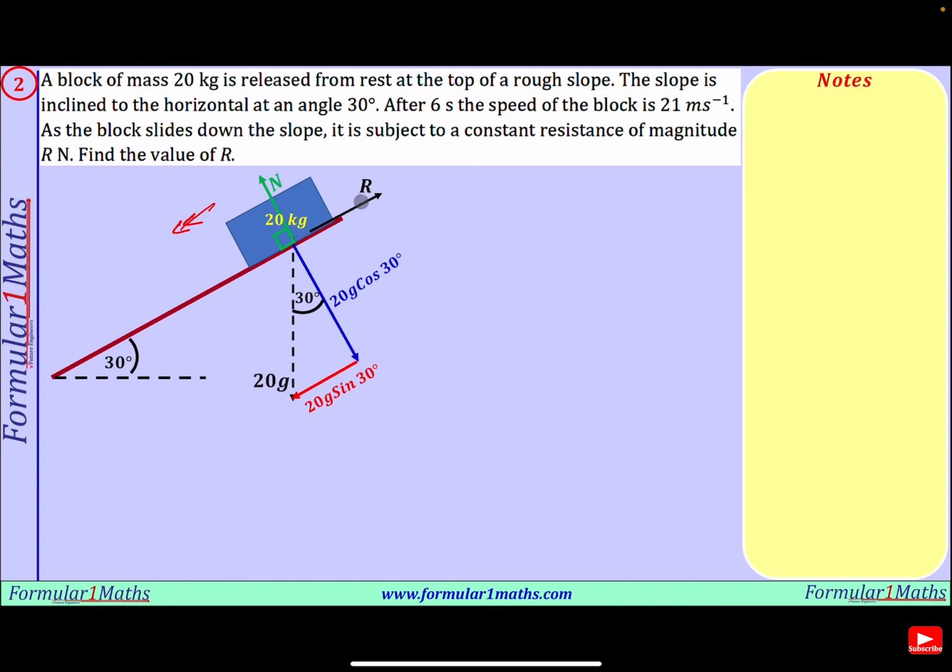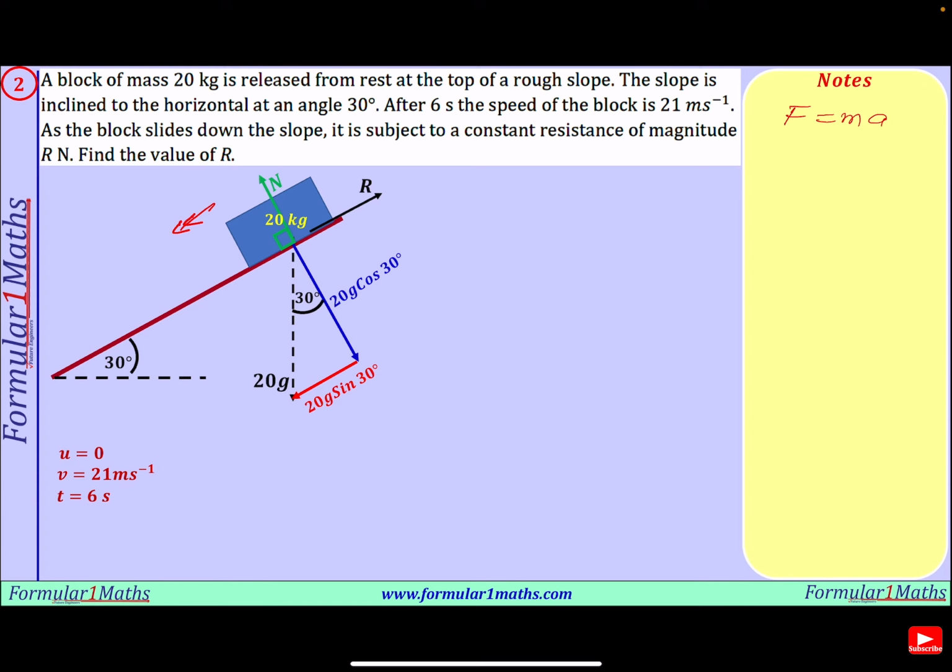So we're going to use Newton's second law of motion, which is F equals ma. We can see that we've got a mass, we've got a force, because the force propelling this will be 20g sine 30 minus R. So we've got F, we've got m, we don't have A. But we are given information to find A. The initial velocity is 0 because it starts from rest.